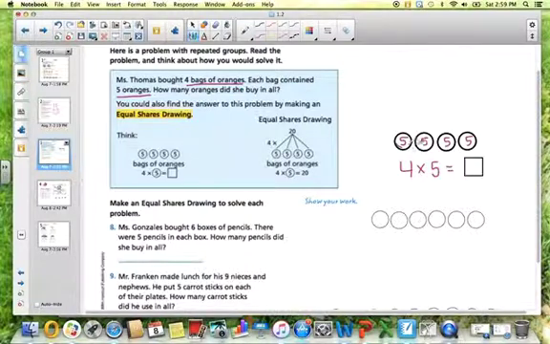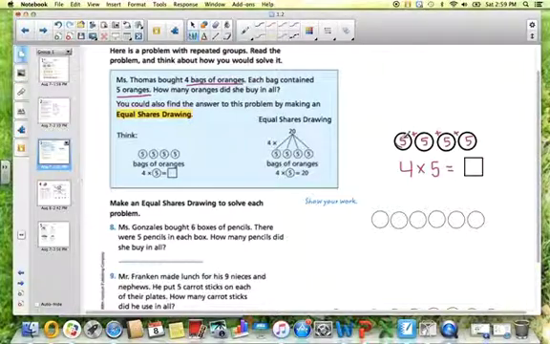So we have 4 circles with 5 in each circle. So now we know that we're just adding 5 plus 5 plus 5 plus 5, just like we did earlier in this lesson 2.